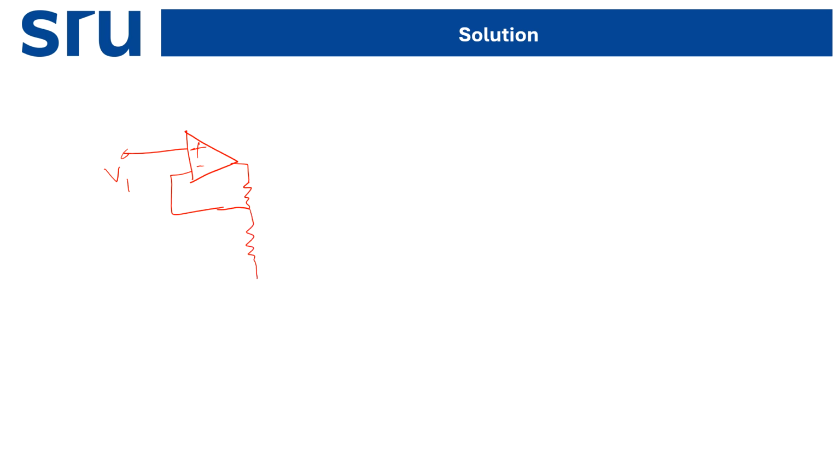Here we will be connecting the same resistor R, and between them we will connect Rg. Then another op-amp is connected here.